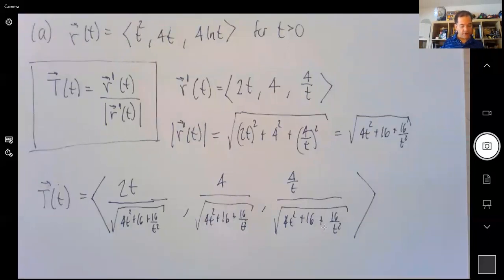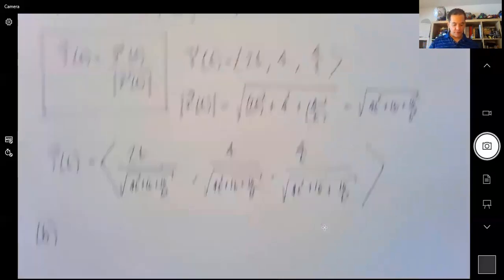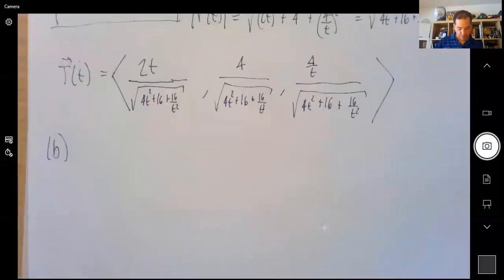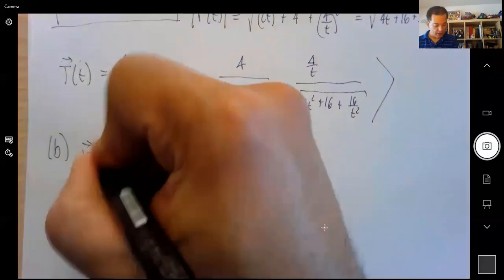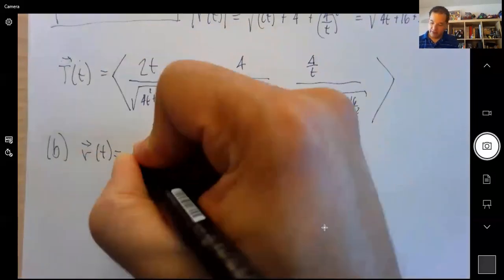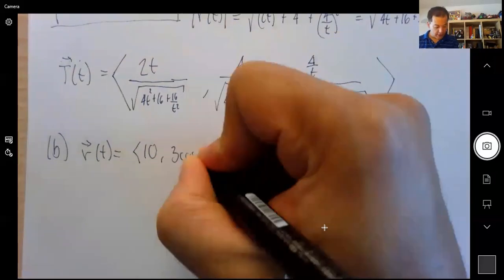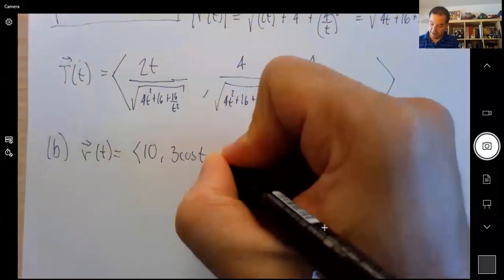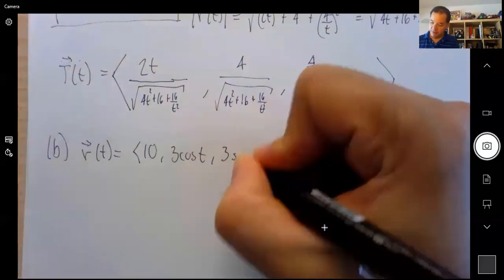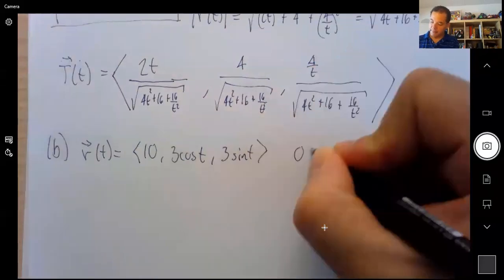Okay, let's do part B. For part B, the problem is r of t is 10, 3 cosine t, 3 sine t, between 0 and 2 pi.